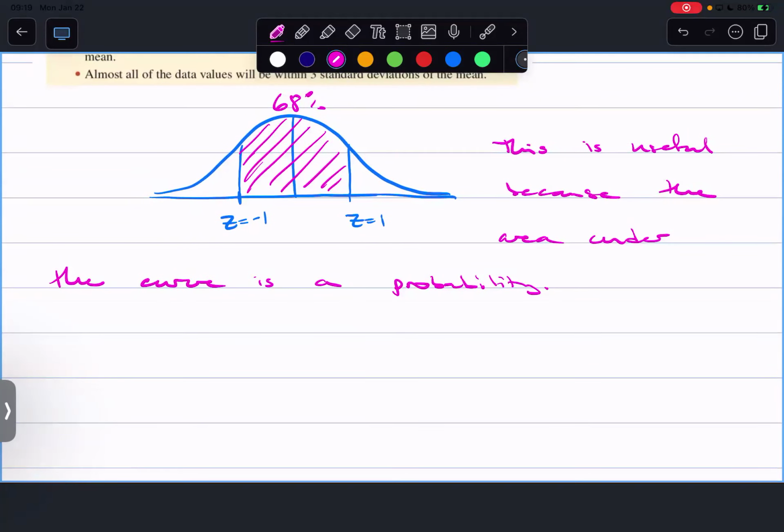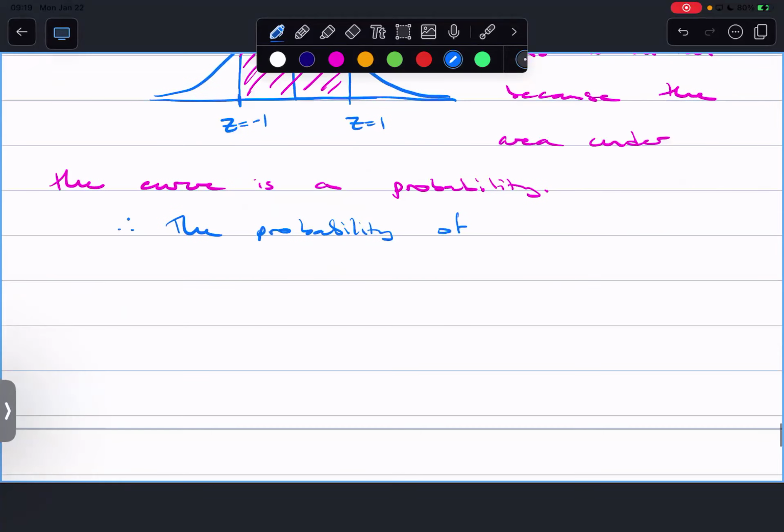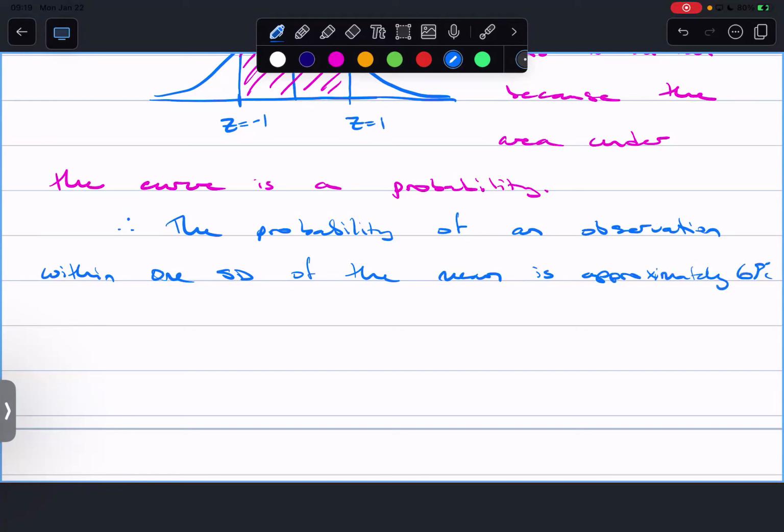It means the probability of being within 1 standard deviation of the mean is roughly 68% or 0.68. So therefore, the probability of an observation within 1 standard deviation of the mean is approximately 68%.